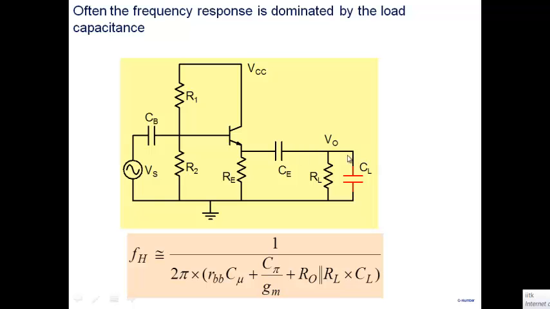If I have a CL and an RL and this appears inductive, you have an inductor in parallel with a capacitor, some kind of resonance circuit. So it can lead to problems in your load. This is something one has to be aware of: at a higher frequency, the common collector amplifier may appear as an inductive load.